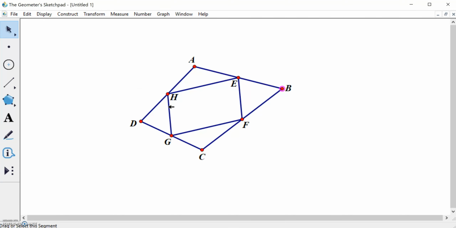These parallel line segments will be lines HE and GF, and EF and HG. Using the measure tool, we can select points E, H, and G, and then select angle to see the measure of the angle EHG. We can repeat this process for each angle of the quadrilateral.